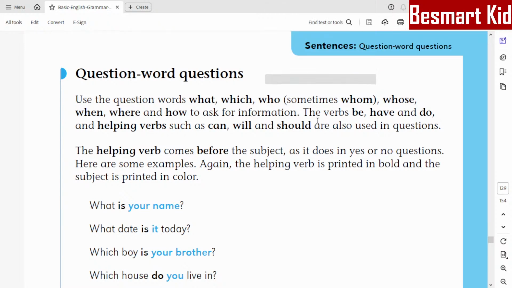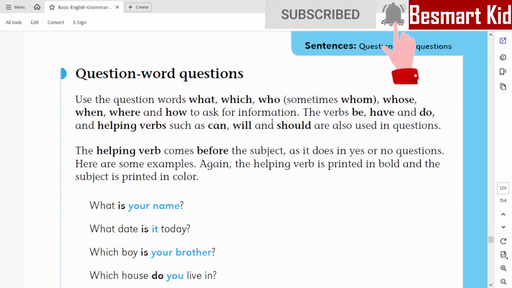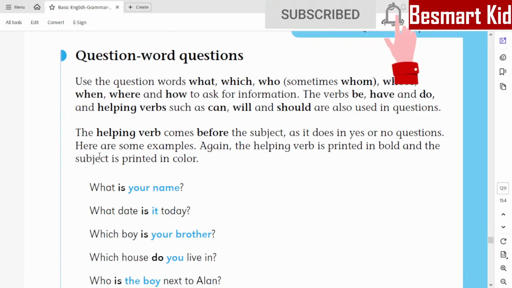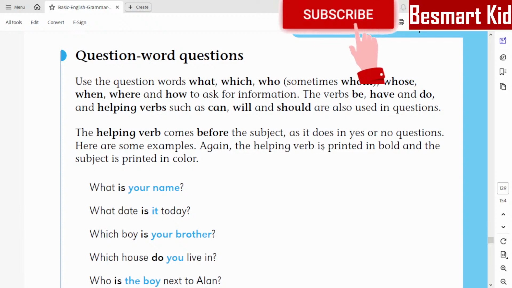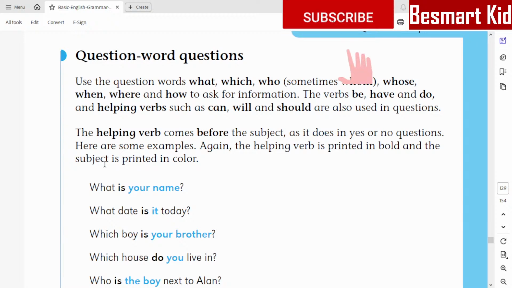The verbs be, have, and do, and the helping verbs such as can, will, and should are also used in questions. The helping verbs come before the subject, as they do in yes or no questions. Here are some examples. Again, the helping verb is printed in bold and the subject is printed in color.